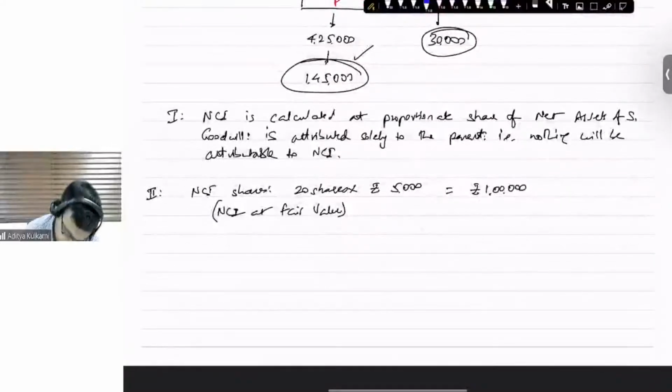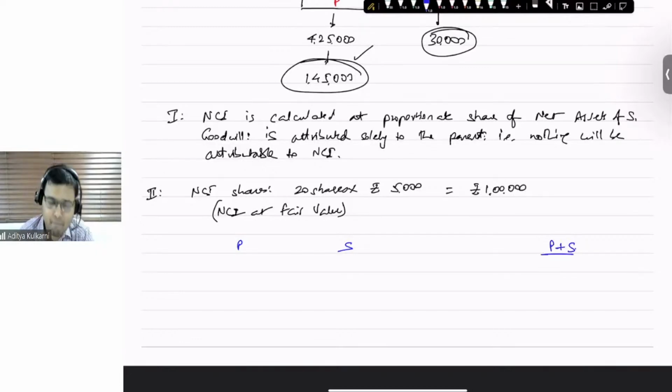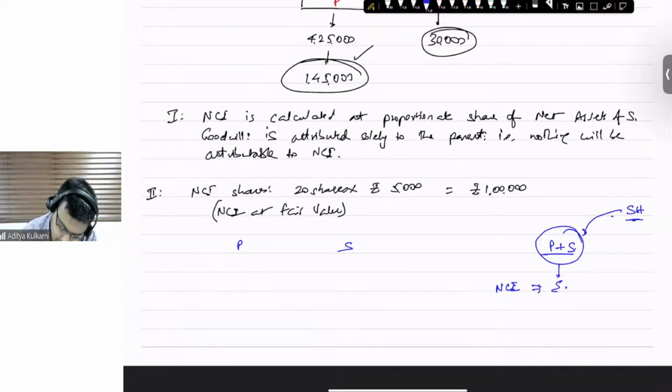See, I have P, I have S. So essentially, I will be adding P plus S. Since I will be adding P plus S, the NCI will be a part shareholder of S. Since it is a part shareholder of S, it is going to get only a residual interest in the assets of the consolidated entity, and that is why we present it under equity.